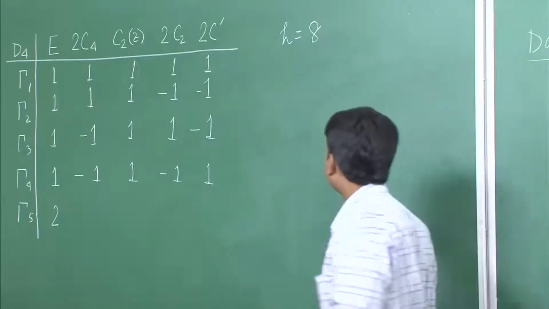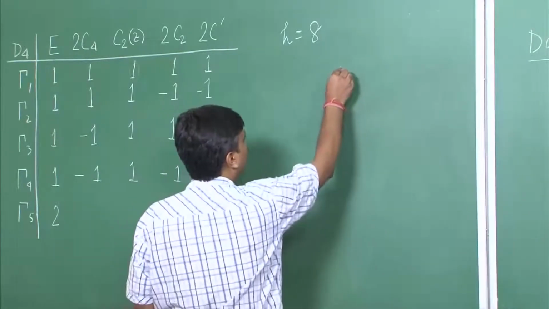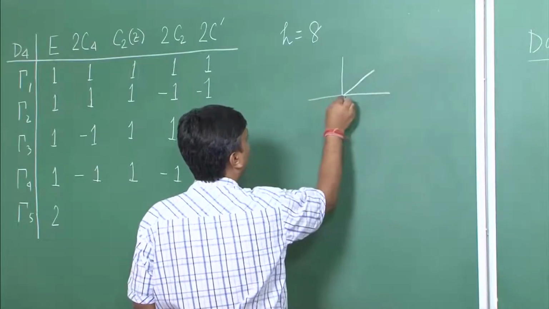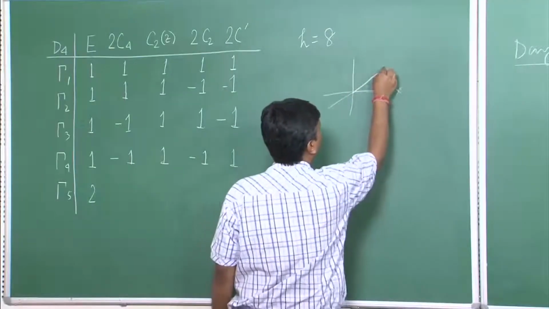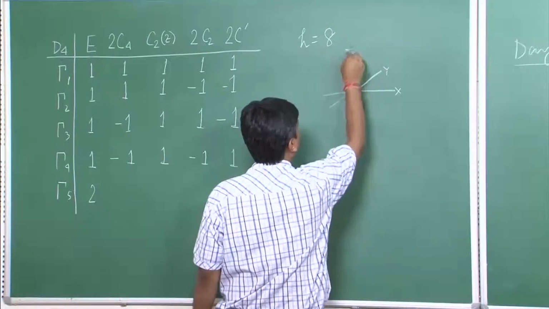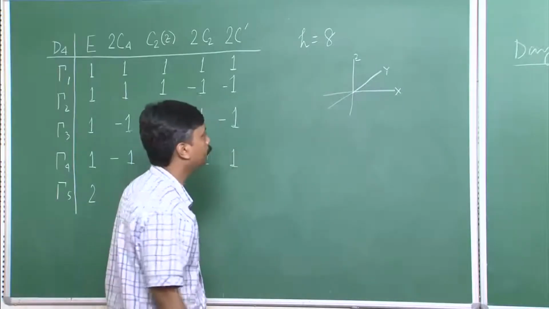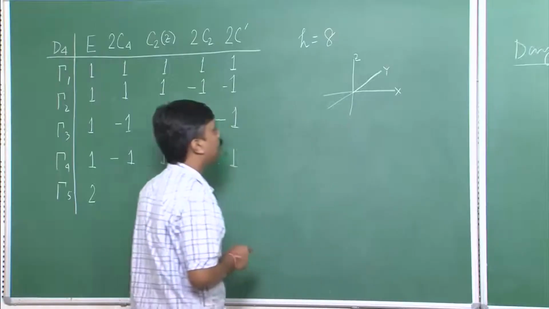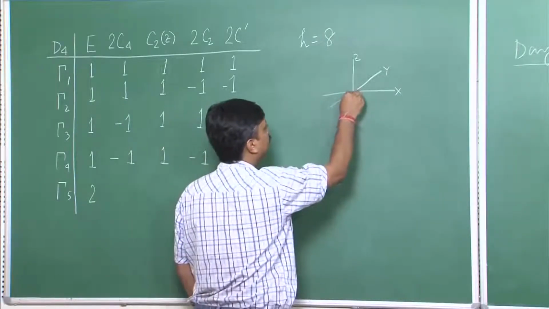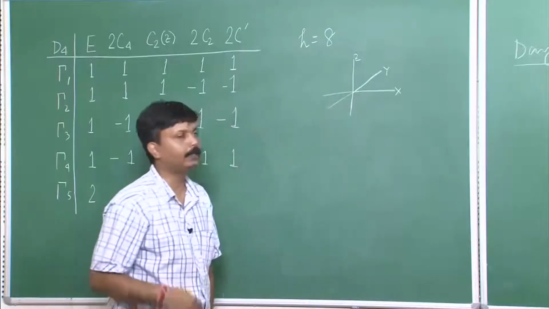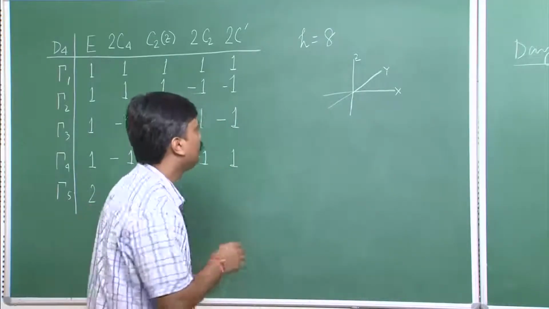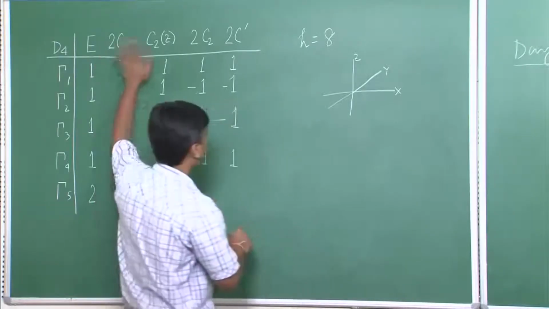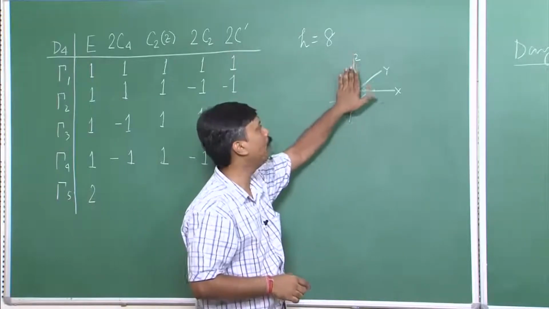So, for example, if I take a coordinate system as x, y and z, and then minus x, minus y, minus z, suppose this is my general point whose coordinates are given by x, y, z. If I apply all these operations, my C4 is along the z axis.